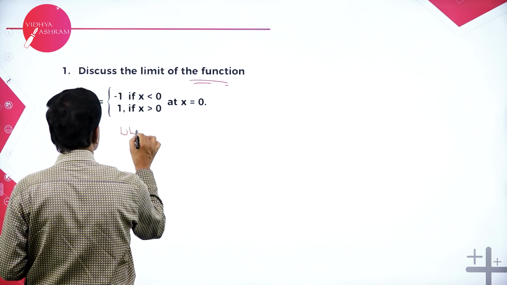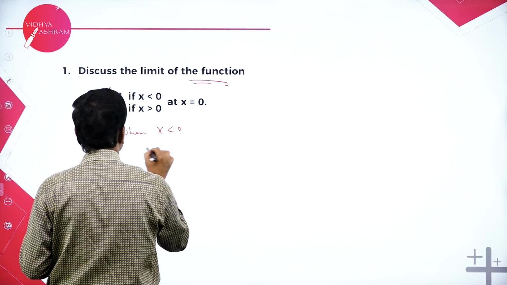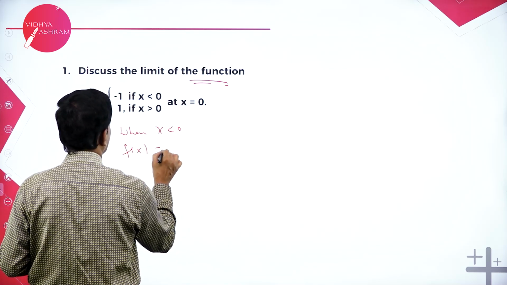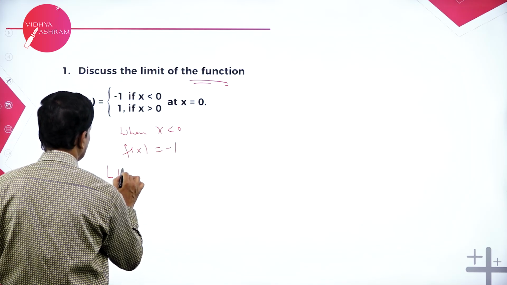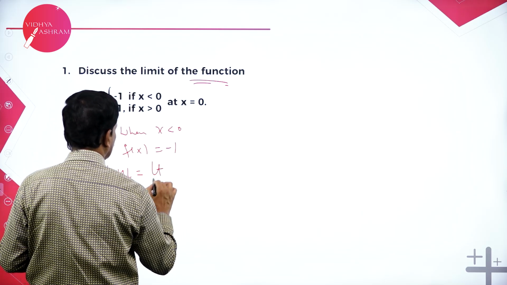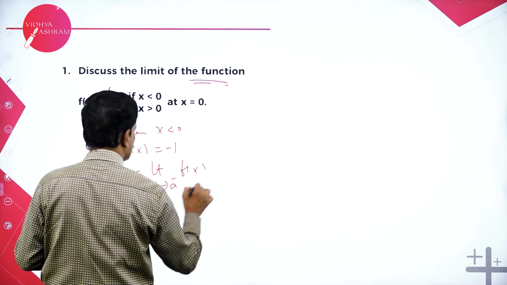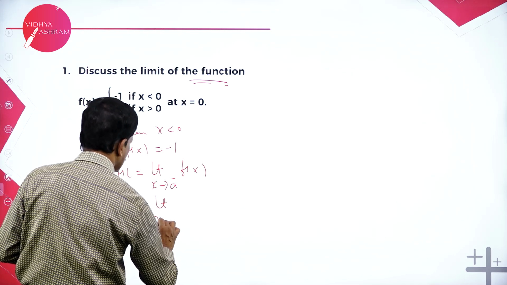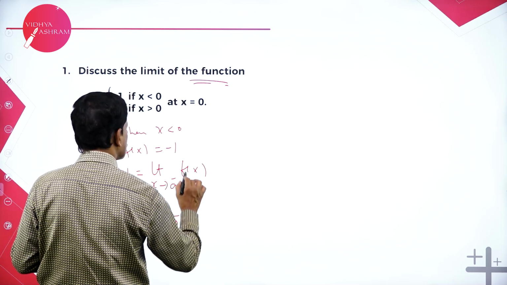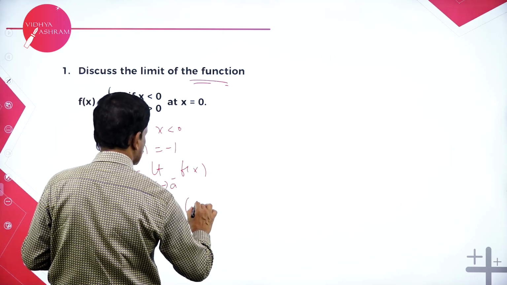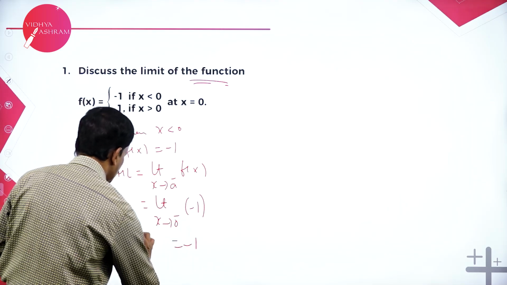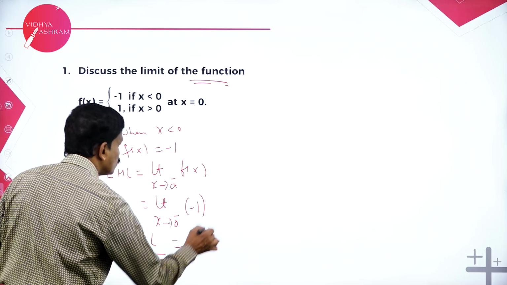Now when x is less than 0, what is given? f of x is equal to -1. So let us find out the left hand limit. Left hand limit is limit as x tends to a minus of f of x. So here this is limit as x tends to 0 minus, and f of x is equal to -1. So we can write left hand limit is equal to -1.